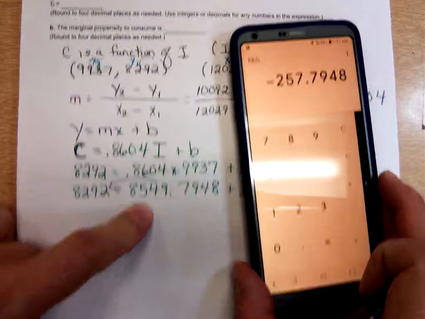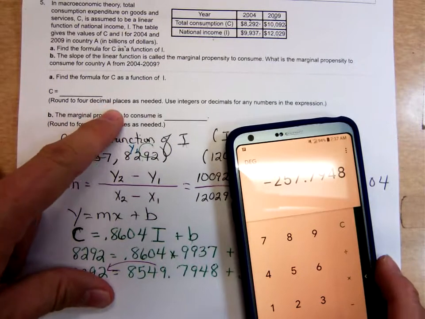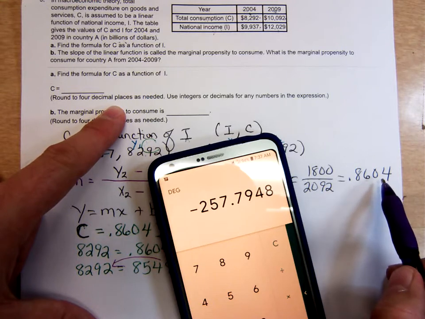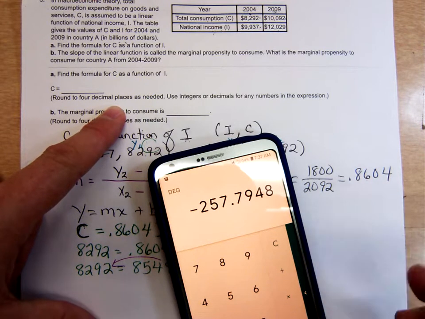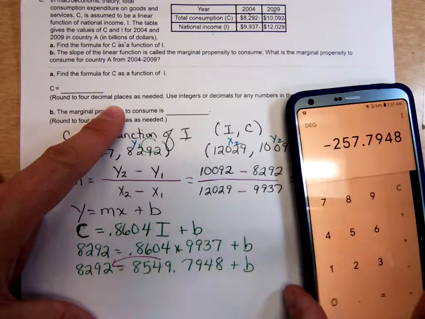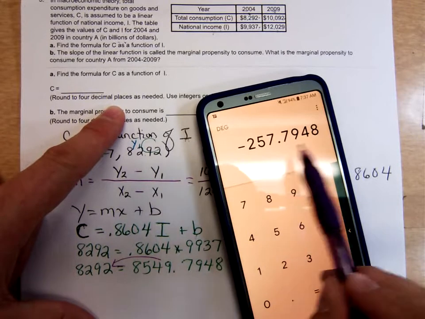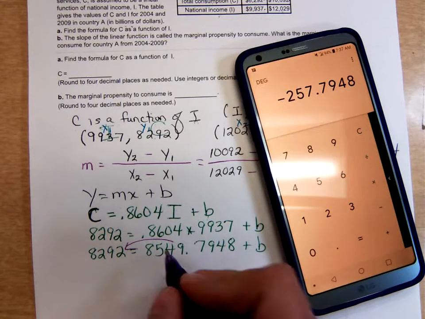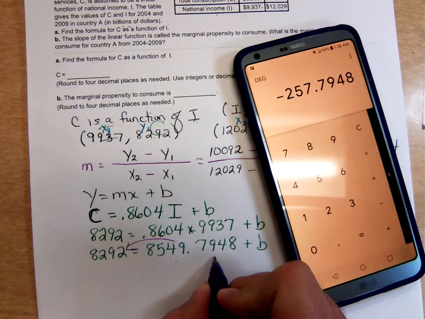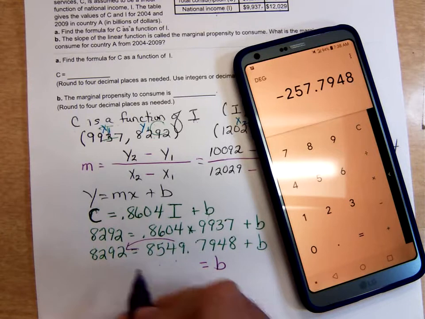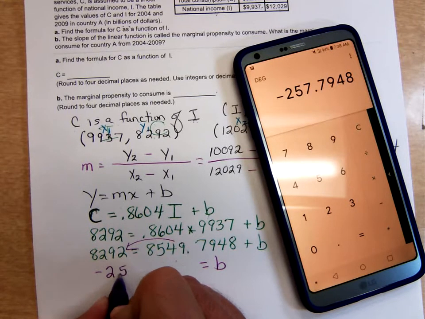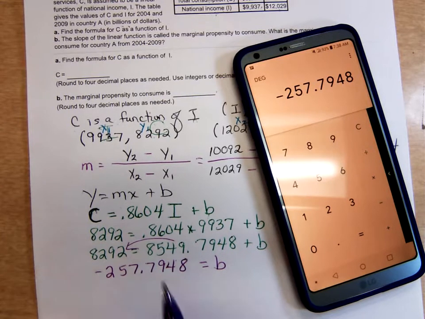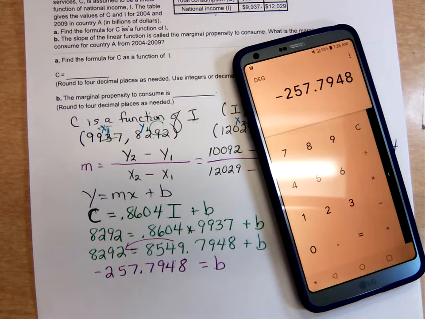Notice once again it talks about rounding to 4 decimal places, so we've rounded this one to 4 decimal places. And there's no other place we need to round. These are all turning out to be 4 decimal places, right? So b is equal to negative 257.7948. So we're now ready to write the equation.